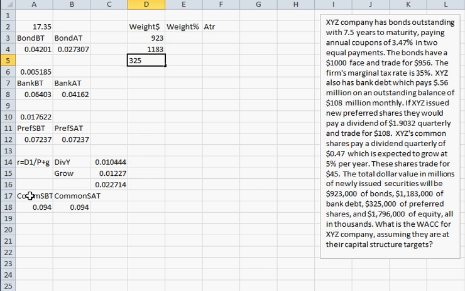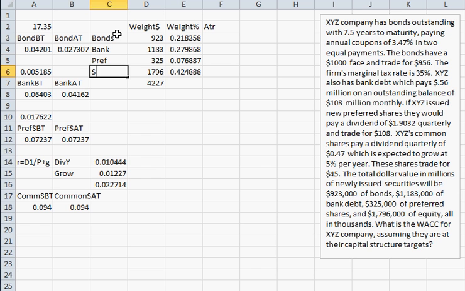Preferred stock is $325,000, and new common equity is $1,796,000. We want to sum these. That's the total financing raised, and now we can calculate the percentage as the weight in dollars of bonds divided by the total for each of the four categories. So we have bonds, bank, preferred stock, common.